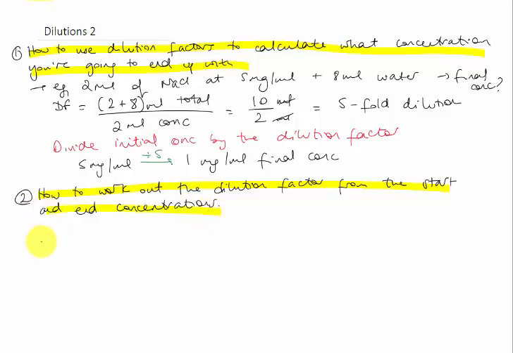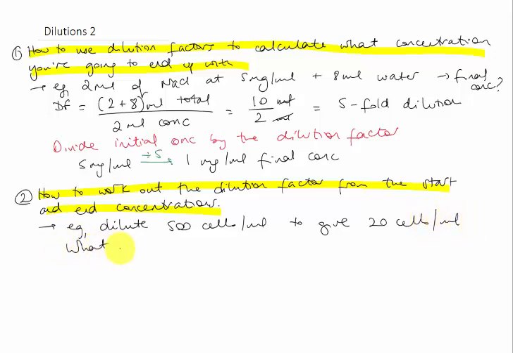So in this case, let's have an example. For example, if you dilute a 500 cells per mil solution to give 20 cells per mil, for instance, what is the dilution factor?